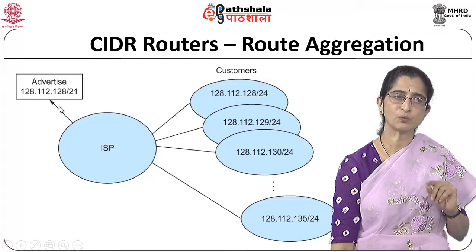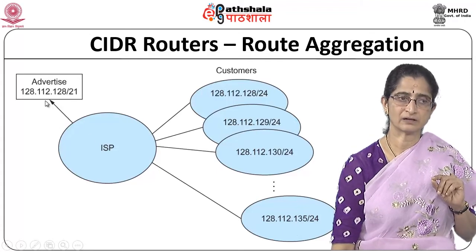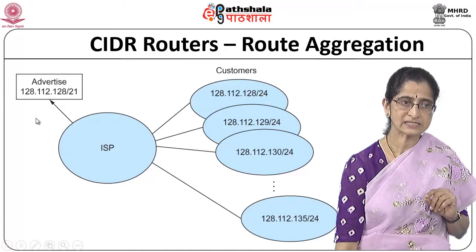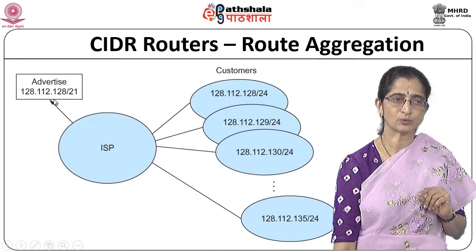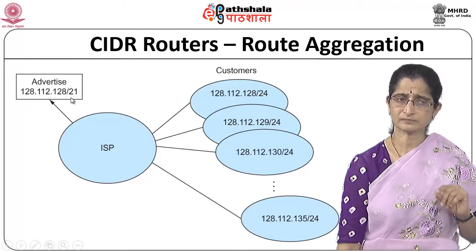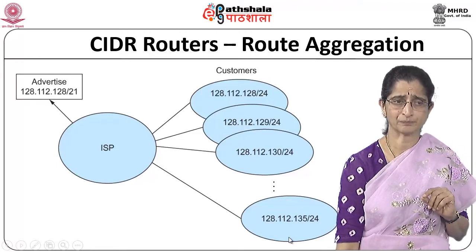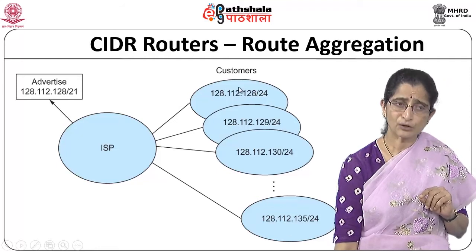have only one address advertised, combining all these 8 different things as 128.112.128/21. Now why 21? Because you can see there are 8 different things which are grouped together, and they are all contiguous.